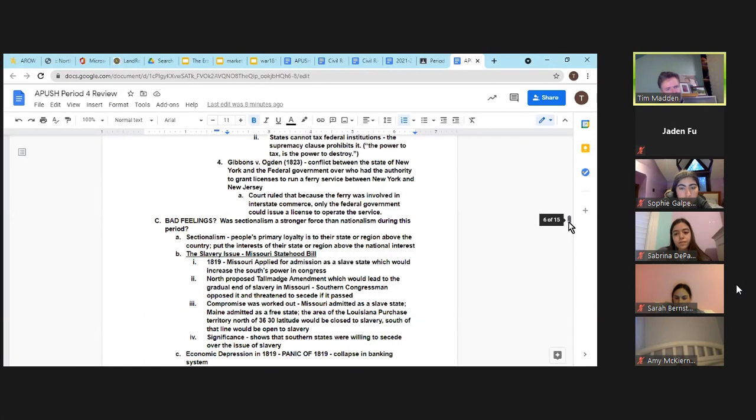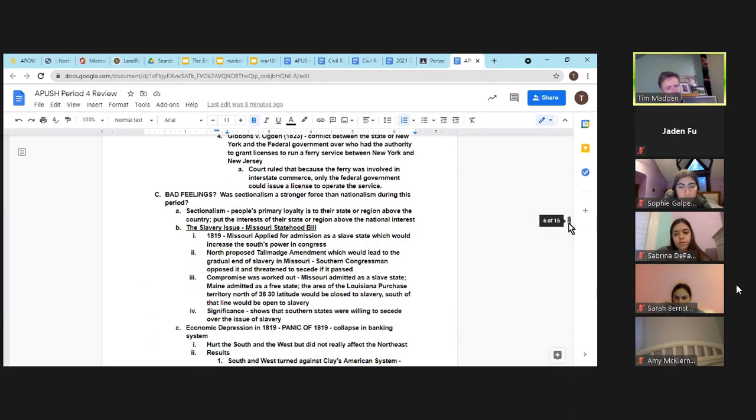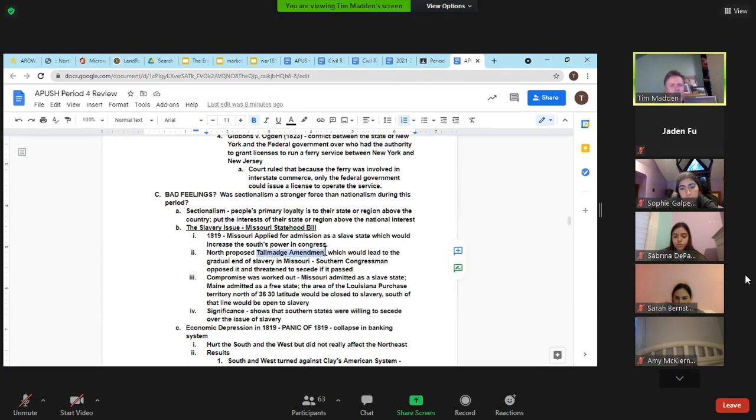And so the first major dispute, we get a preview of the major issues that are going to lead to the Civil War. When Missouri applies for statehood, they apply for admission as a slave state. That, of course, is opposed by the North. This is a really nice detail to include if you include the Tallmadge Amendment.